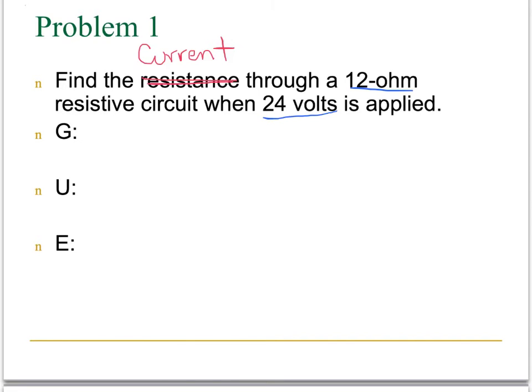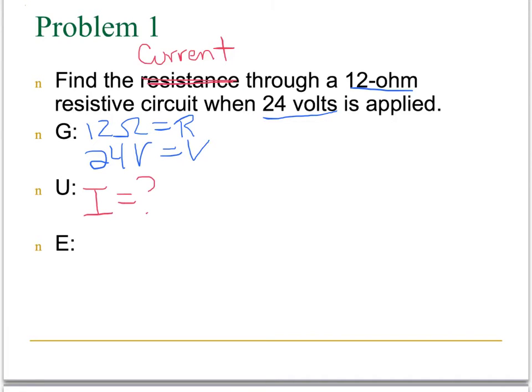Our given information for this problem says 12 ohms is our resistance, and we have 24 volts for our potential difference. Our unknown is current, so capital I equals a question mark.